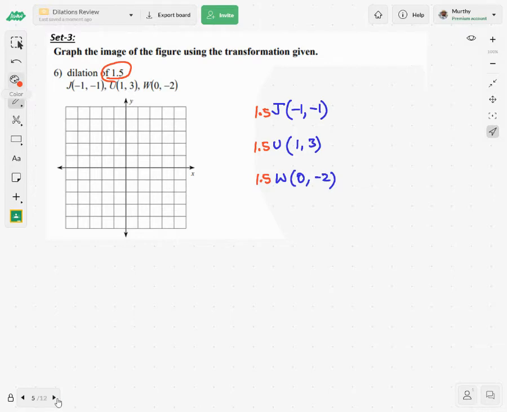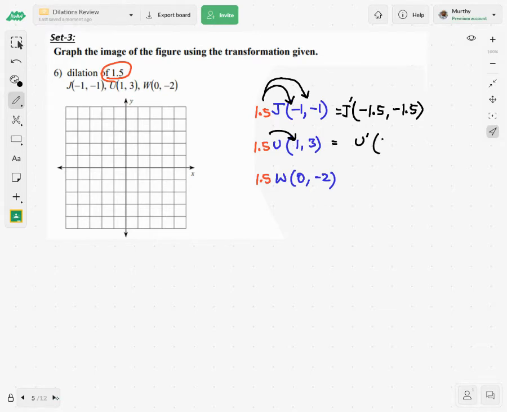Okay, so when you multiply, what do you get? 1.5 times -1. Any value multiplied by 1, we get the same, but with a negative sign. So negative 1.5. Next, 1.5 times 1. My bad, I forgot to write Z prime here.